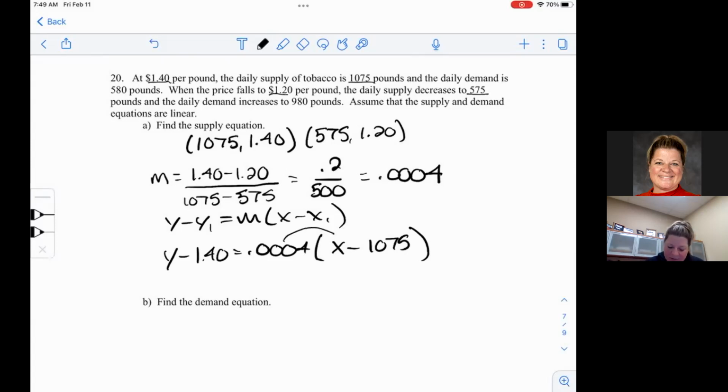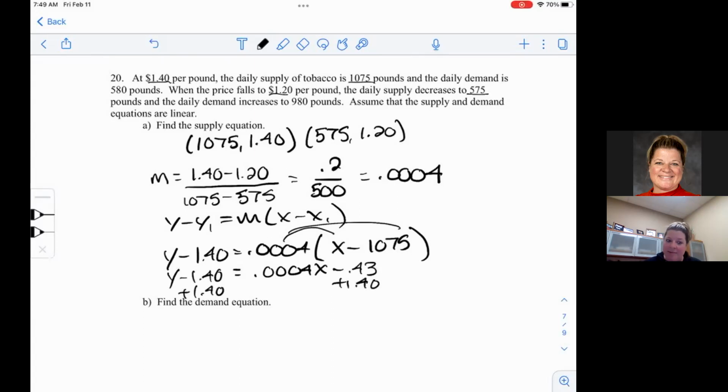And so I'm going to distribute this and I would get 0.0004x. And then I got to sneak my calculator, times 1075 is 43. So minus 0.43 when I times those two together. And then I have to add over this $1.40.